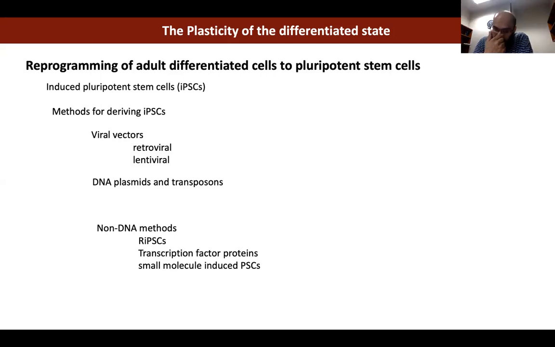Then there is also a possibility that you screen, for example, drugs that activate the expression of these transcription factors. That's a very long-term goal, but it's an ideal situation, because small molecule inhibitors could very specifically turn on these 4 genes. But it's a very daunting task. It's not easy to identify small molecules that can induce the expression of these pluripotent stem cells.